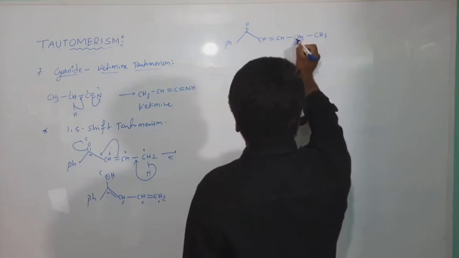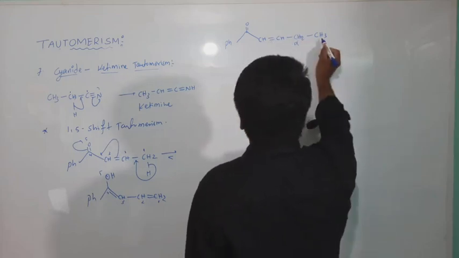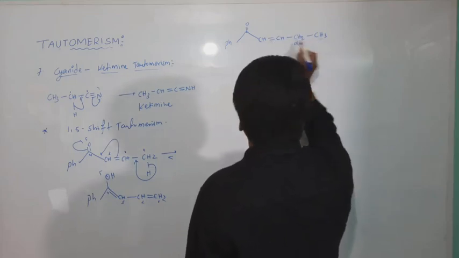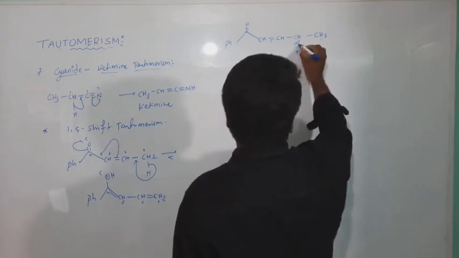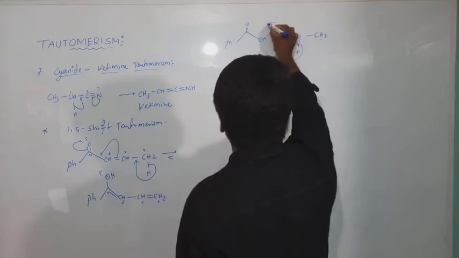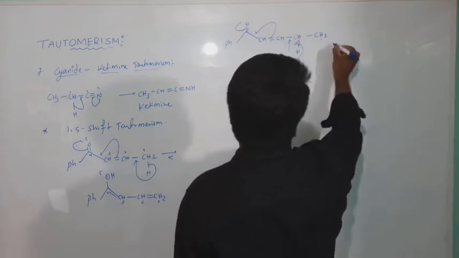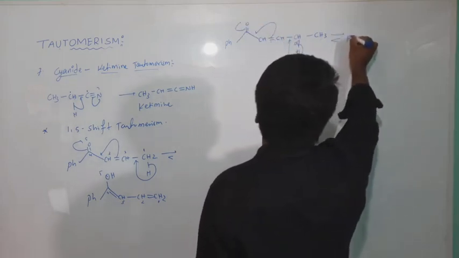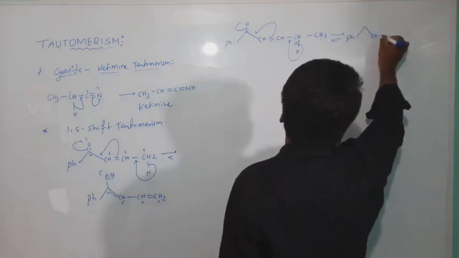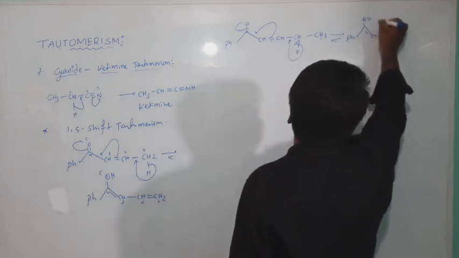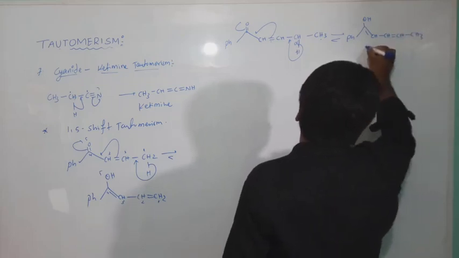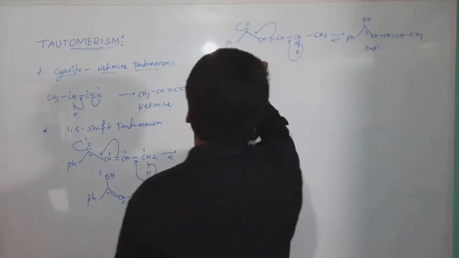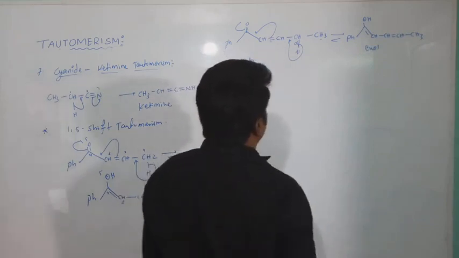Because it is in resonance with this pi bond, this CH3 is not, because it is not in resonance with this pi electron. So this hydrogen is involved in the tautomerism. Again you are getting a 1,5 shift. CH single bond, and this is OH, CH double bond C, now CH. This is the enol form, and this is the keto form, but the shifting is 1,5.